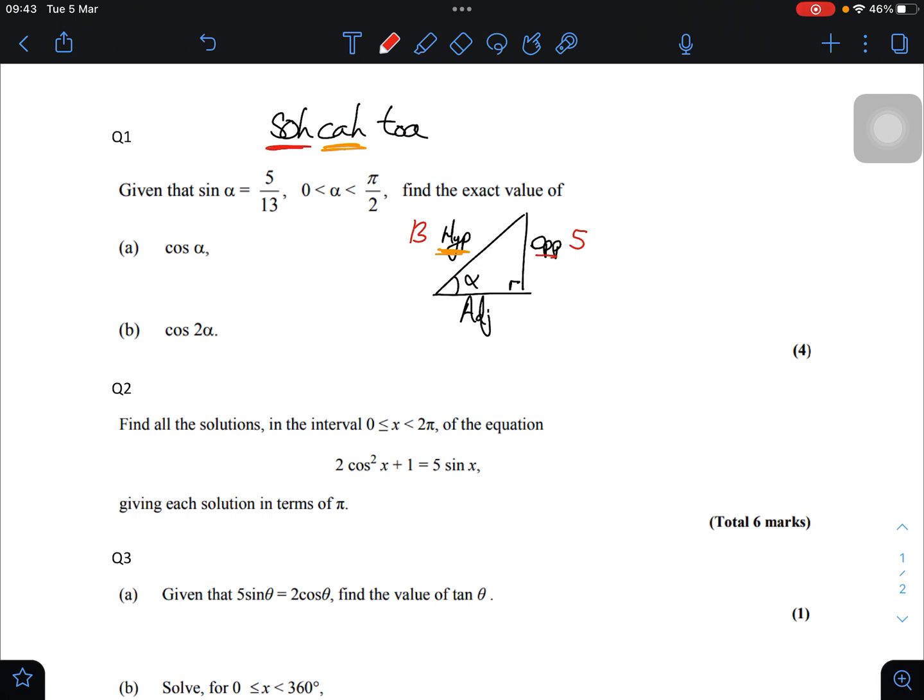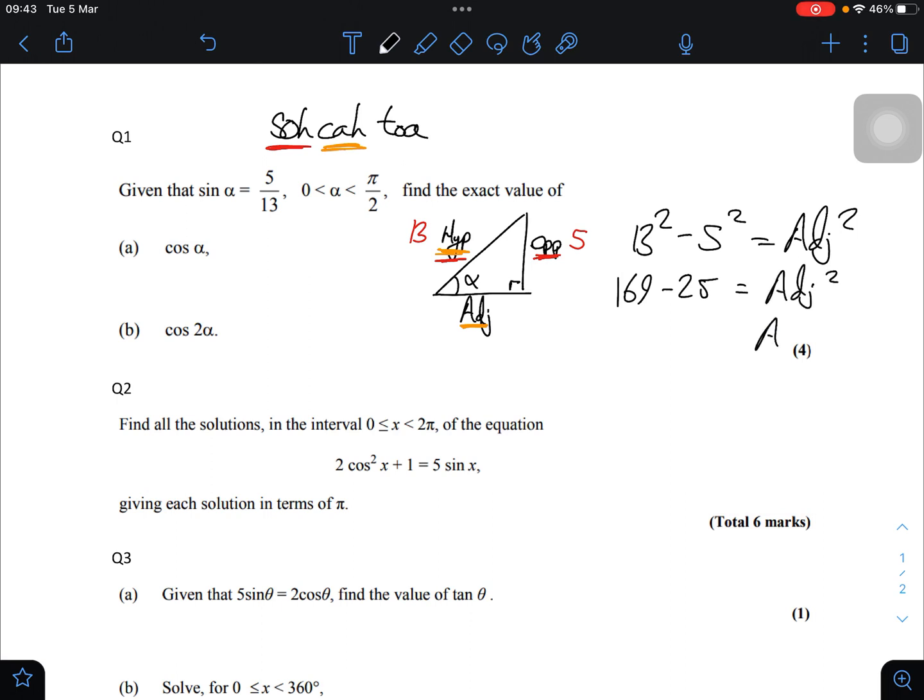So that one used this one and this one. This one's going to be using hypotenuse and adjacent. And so to find our adjacent value, we can simply use Pythagoras. So 13 squared minus 5 squared equals our adjacent squared. Well, 13 squared is 169 minus 25 is the adjacent squared.